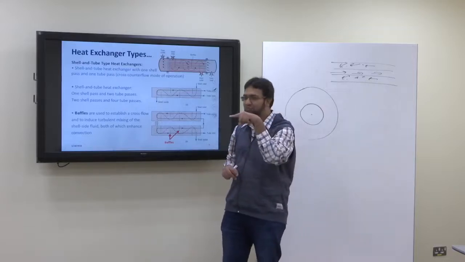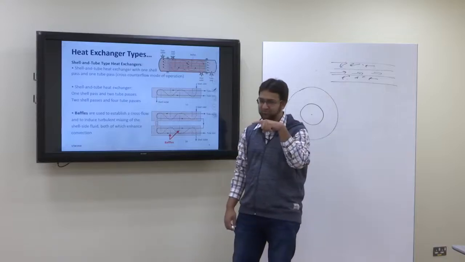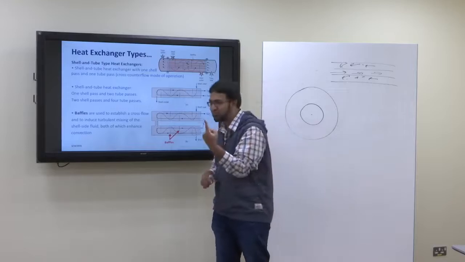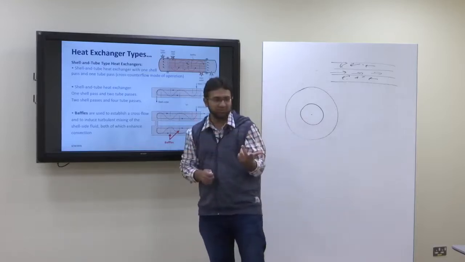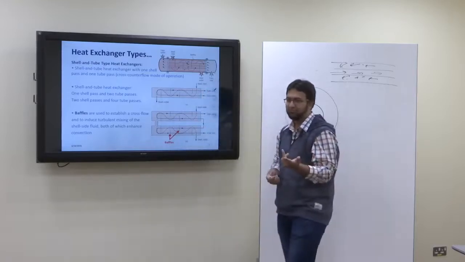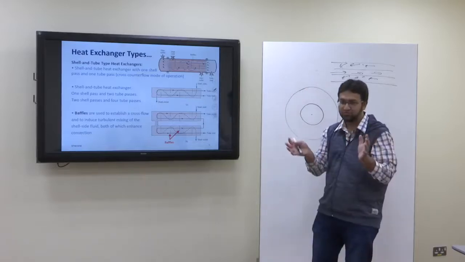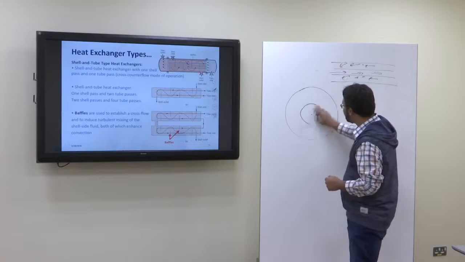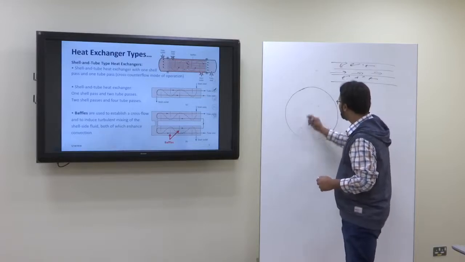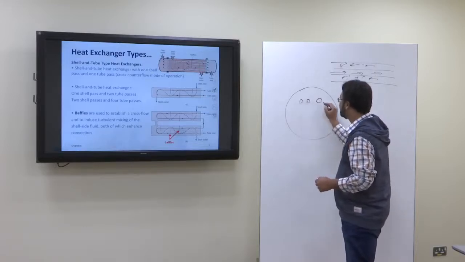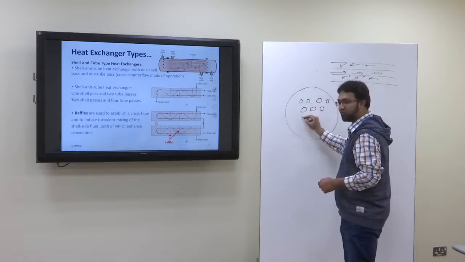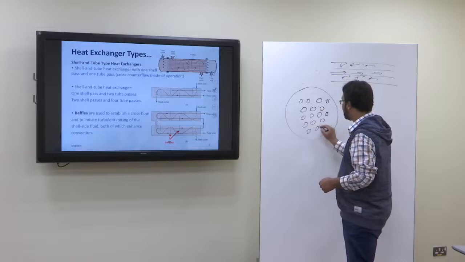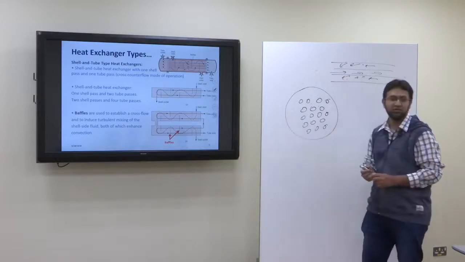If you have a shell and inside the shell there is only one tube, then it becomes a double pipe heat exchanger. But if you have one big shell, and instead of having one tube you have so many tubes, then this is a shell and tube heat exchanger.